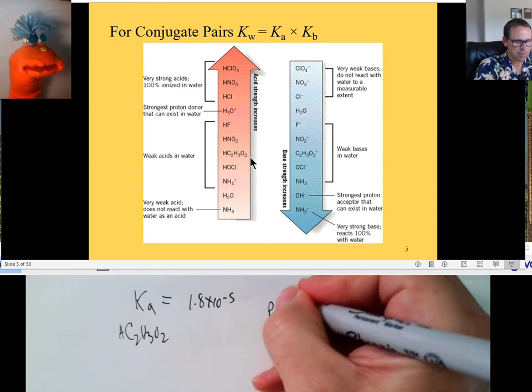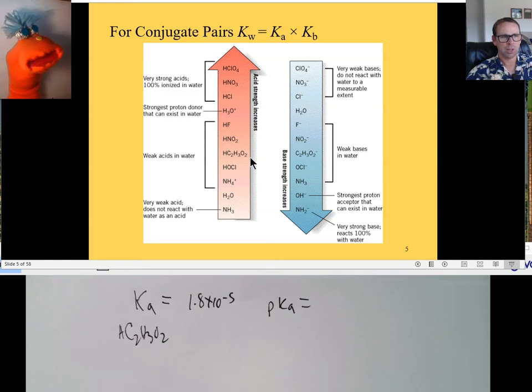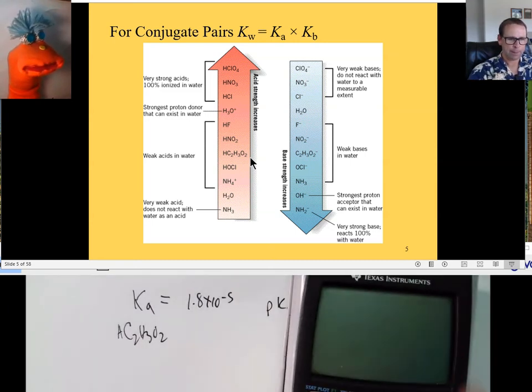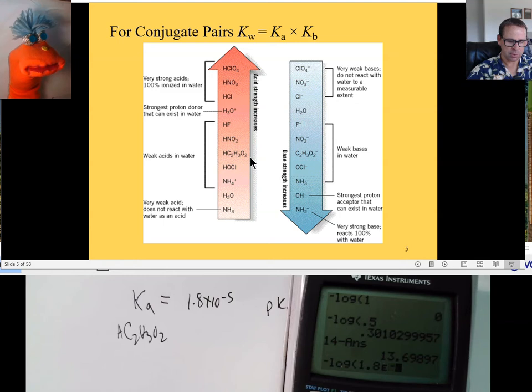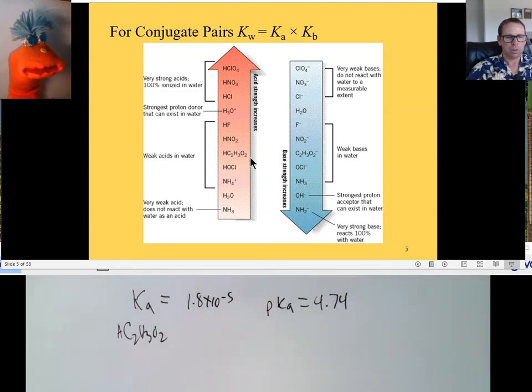Therefore, what is its pKa? If its Ka is 1.8 times 10 to the minus 5, what's the pKa? Is that just the negative log? That's right. pKa is negative log. So I go negative log of 1.8 times 10 to the minus 5. 4.74. Okay?